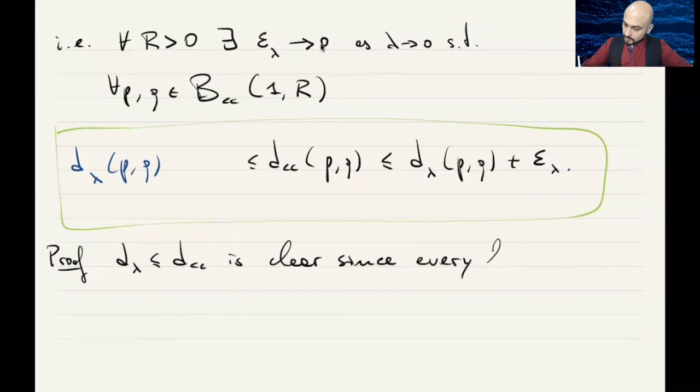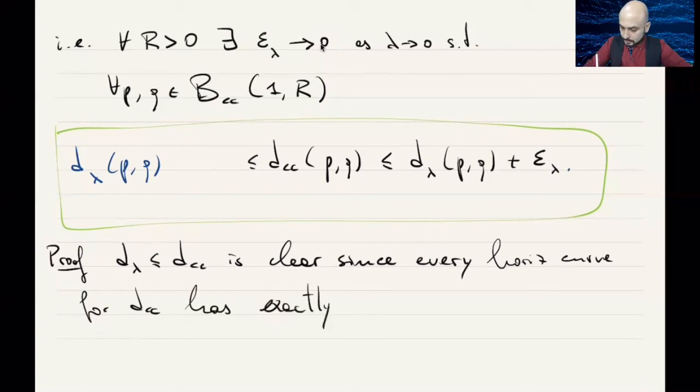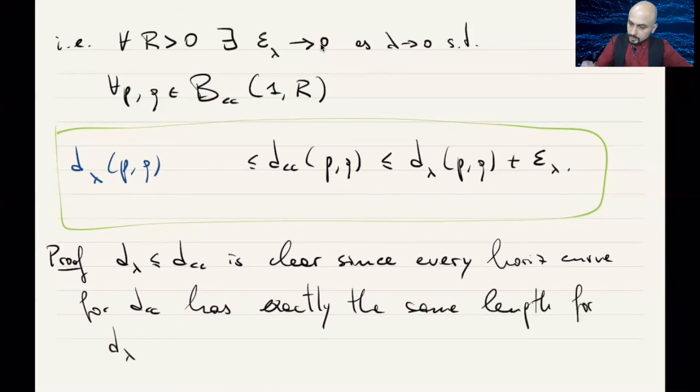So every horizontal curve for dcc has exactly the same length for d lambda, because remember d lambda had x, y, and lambda z, right?